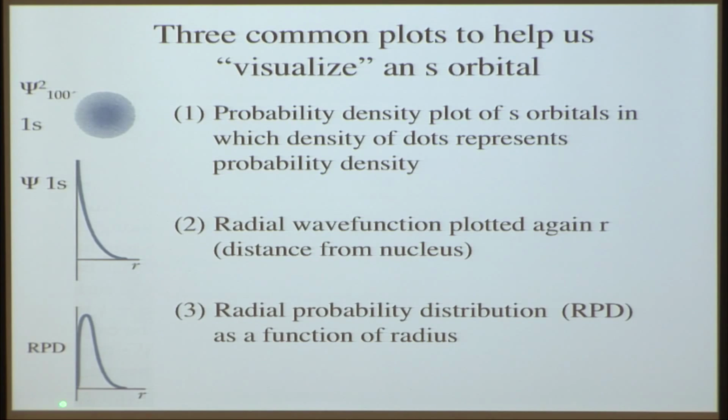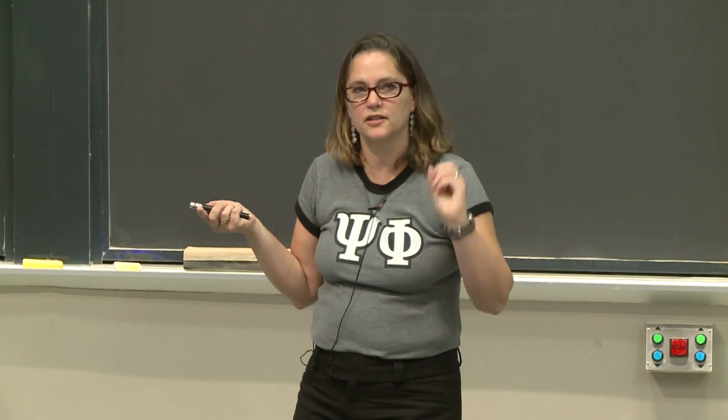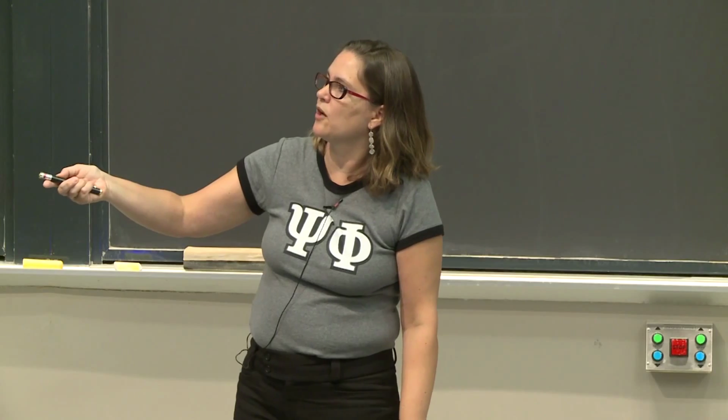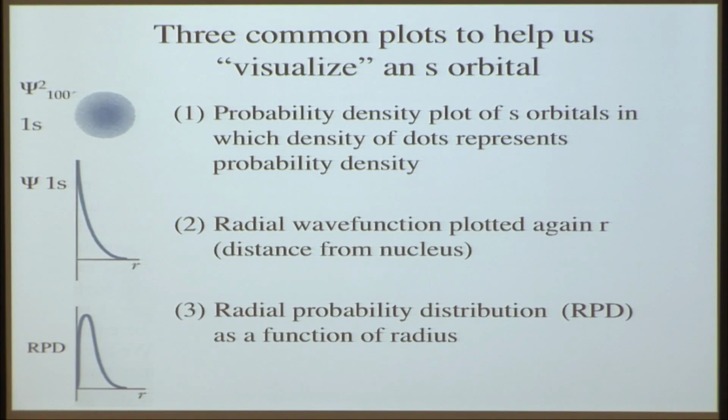And so at the nucleus, at 0, the probability goes up. The electron is not going to crash into the nucleus, so it won't be right on top of the nucleus. But as you get out a little bit farther away, there's a high probability that it's there, and then that decreases again.